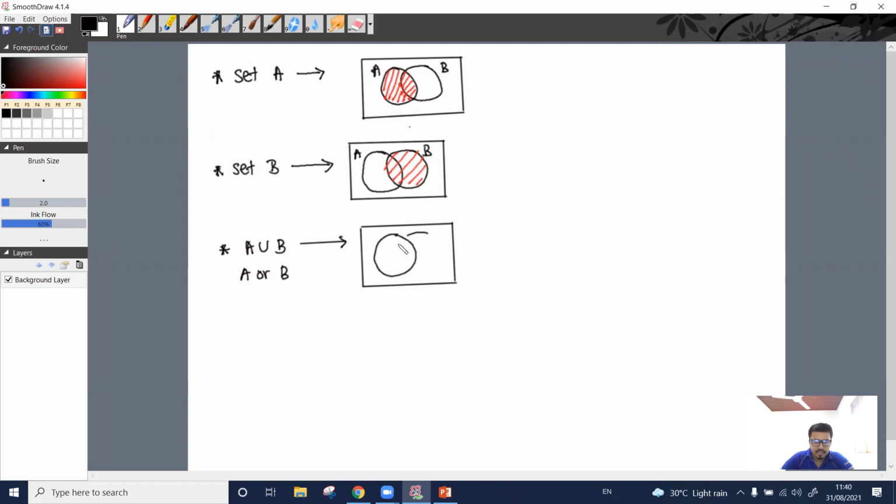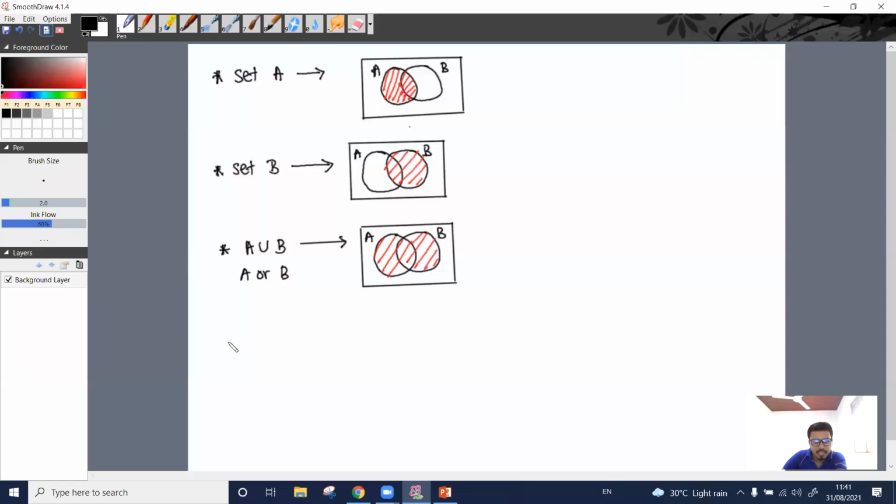This is set A and this is set B. A union B. What is the area that we need to color? Area that belongs to A or B. A union B. Right? It talks about this particular area.